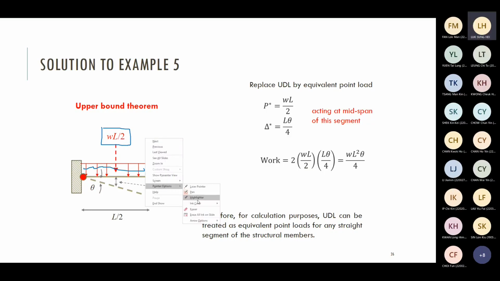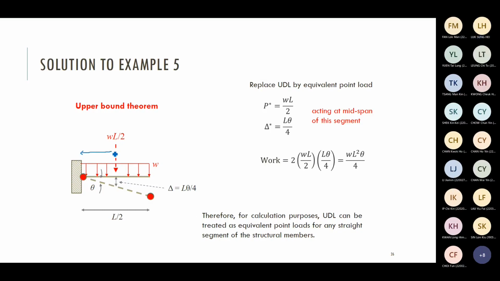Actually, we used that same concept in the previous part. The distance here is equal to L over 4. Now, you can see that the concentrated force is equal to WL over 2. The corresponding displacement here, delta, is equal to L over 4 times theta.